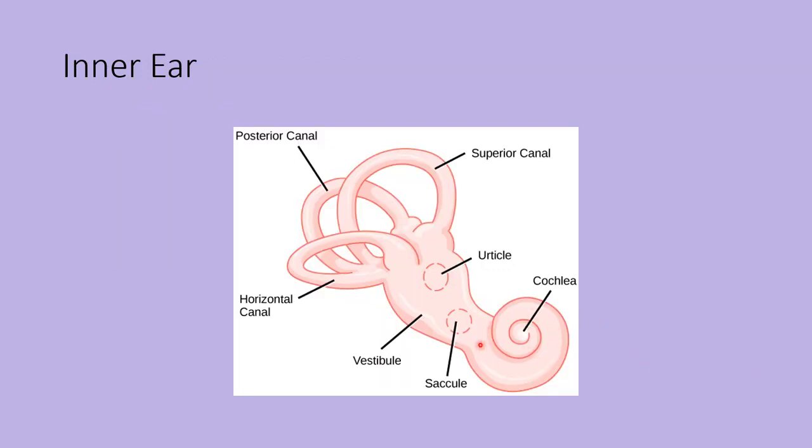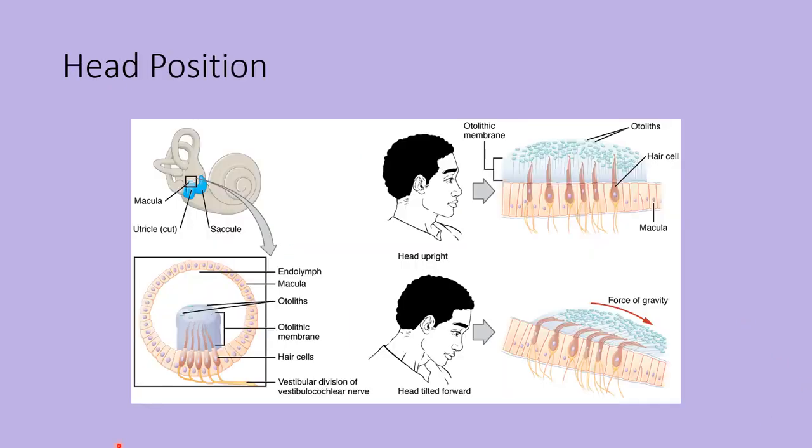So here's your cochlea that we saw for hearing. And the vestibule right here is for equilibrium. You see these 2 inner components. And then your 3 semicircular canals. So for your head position, that's going to be with the vestibule, as to whether your head is upright or tilted.